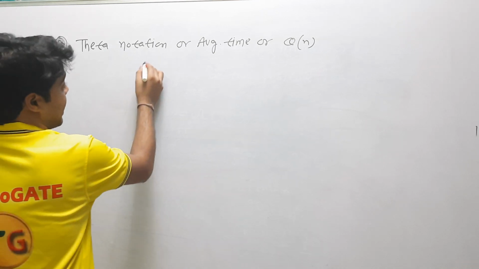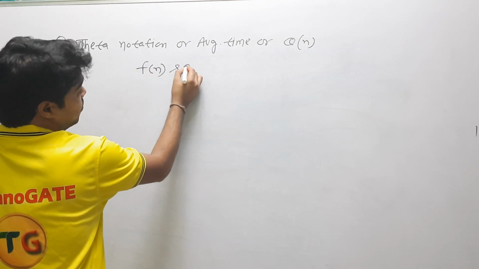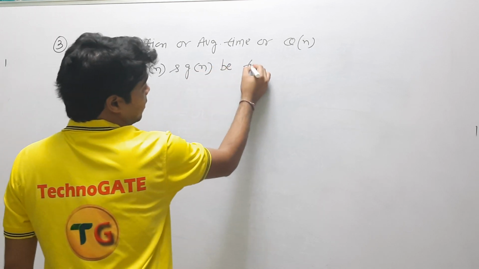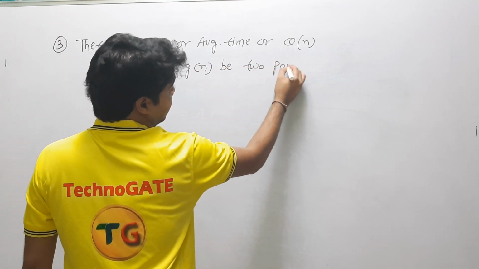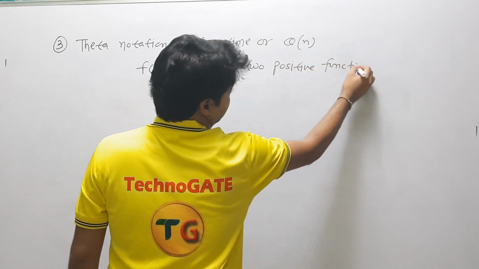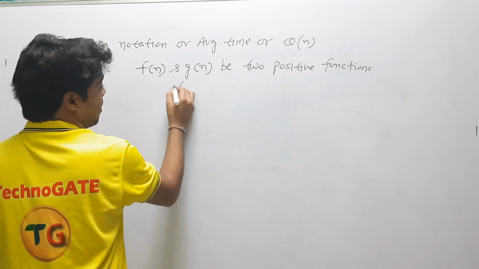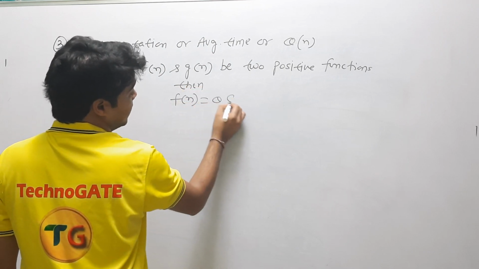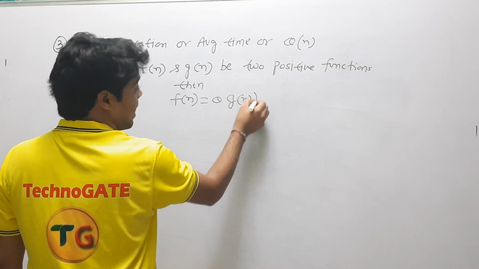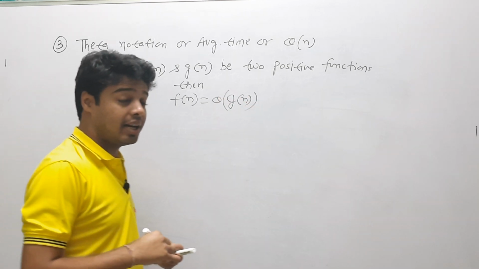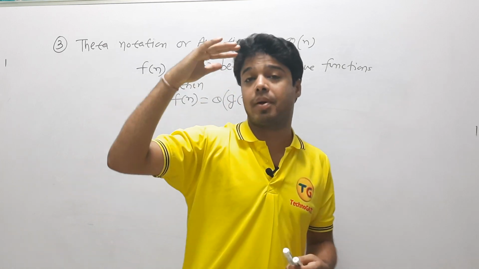So F(n) and G(n) are two positive functions. Then F(n) is theta of G(n). This is the average time, meaning it is between the upper bound and the lower bound.